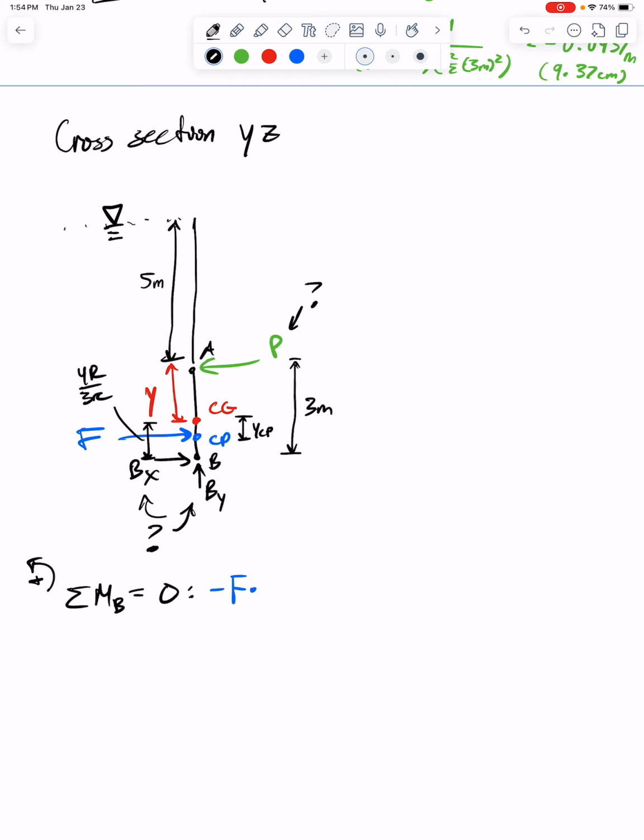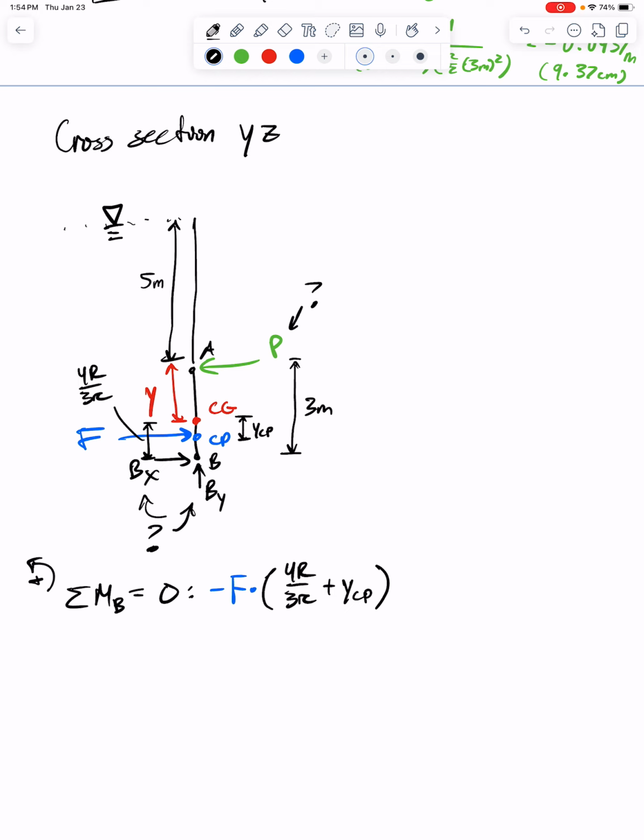That location would be, if we take the centroid, we move upwards by the centroid and subtract YCP, because that gets us from point B to point CP. I guess plus, because YCP is negative.